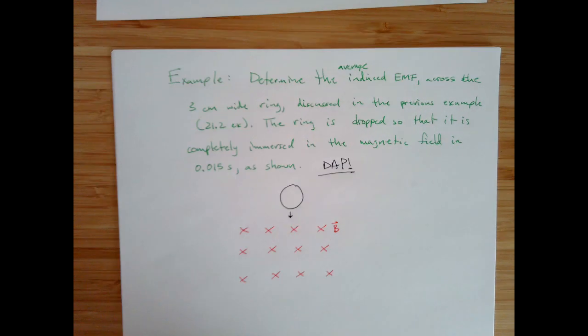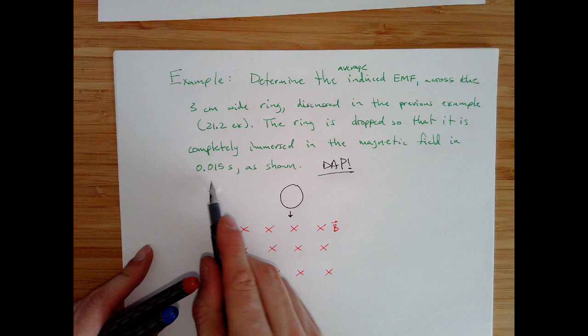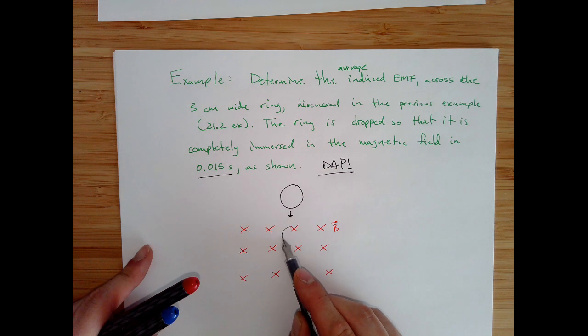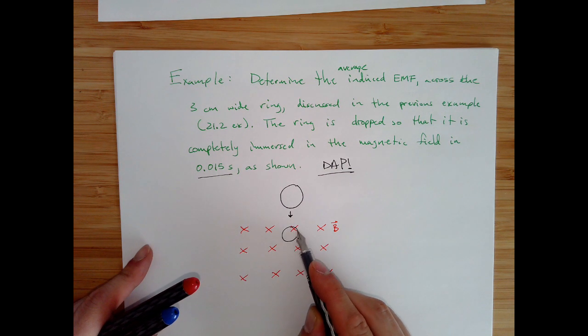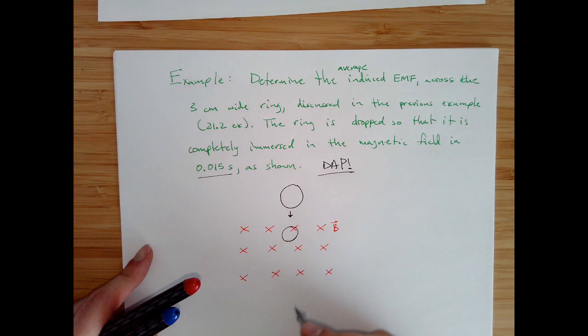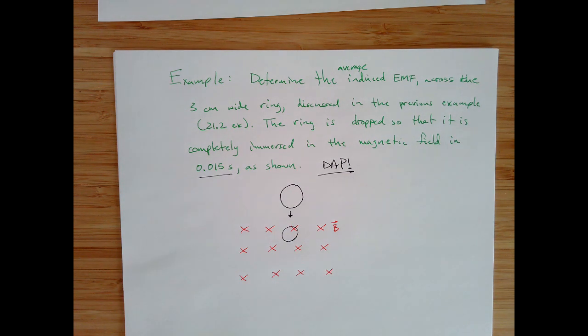What we're given is that it takes the loop this amount of time to be completely immersed in that B field. My loop shrank a little, ignore that. This is the instant that the ring is completely immersed in the B field.